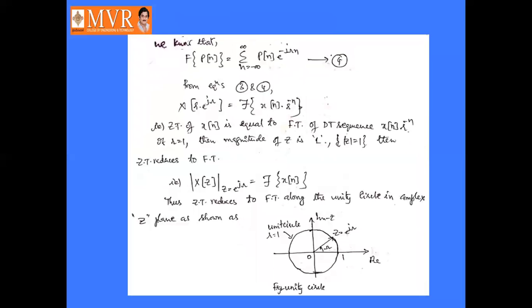So we know that the Fourier transform of p of n is equal to sigma n equal to minus infinity to infinity p of n into e power minus j omega n. Okay, that is equation number 4.